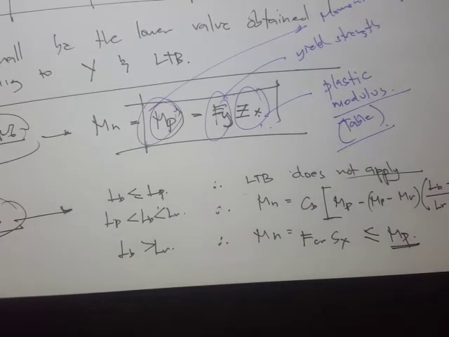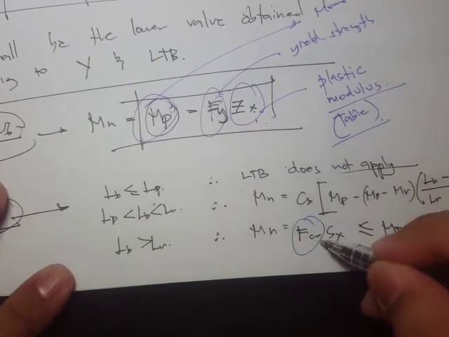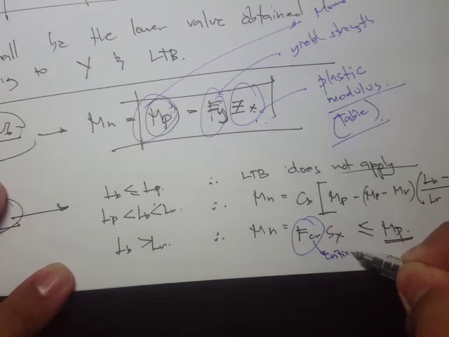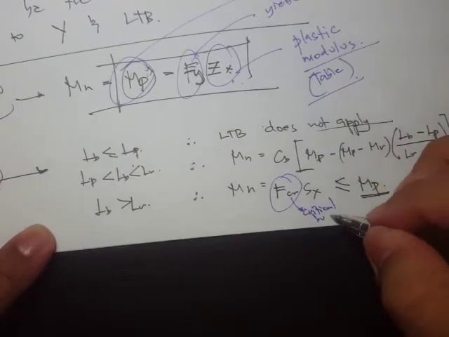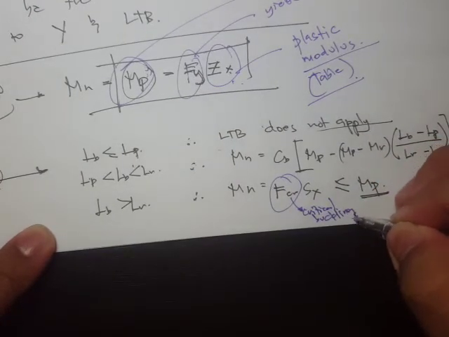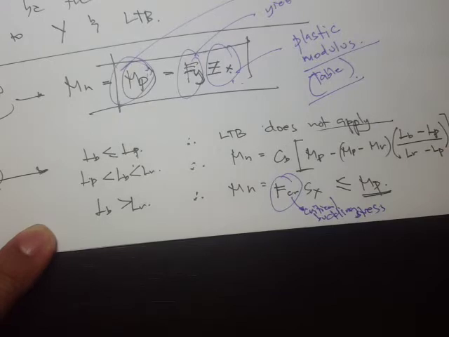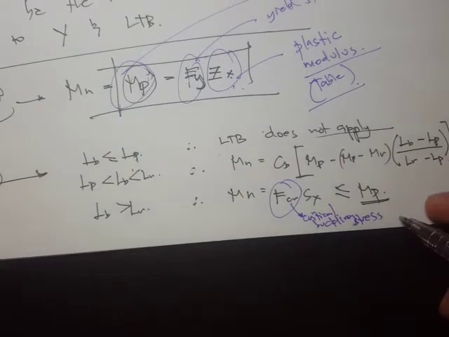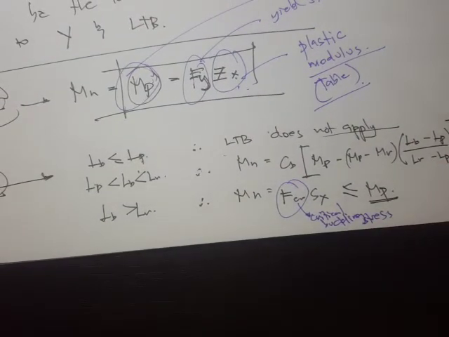Okay, so what is this F sub CR? This is the critical buckling stress, but this is different from the ones that we used in the compression members.